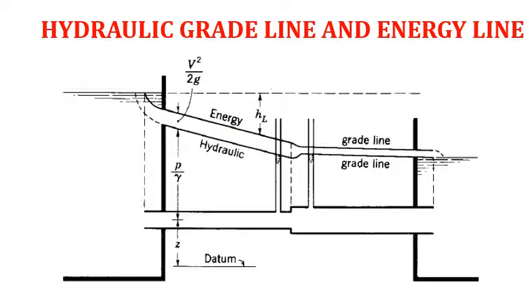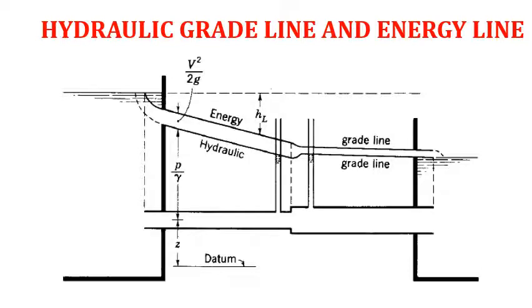Now, if you look at this figure, two pipes of different diameter are connected to a reservoir, and two piezometer tubes are also connected to them. So this lower line is the hydraulic grade line, and the one above is the energy grade line. The energy grade line generally follows the same shape as the hydraulic grade line, and the difference is the velocity head.